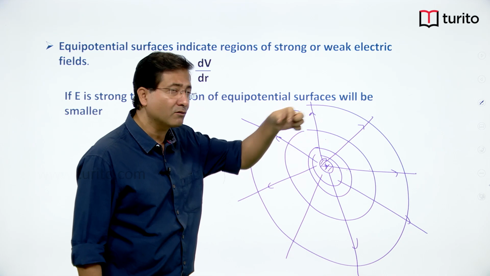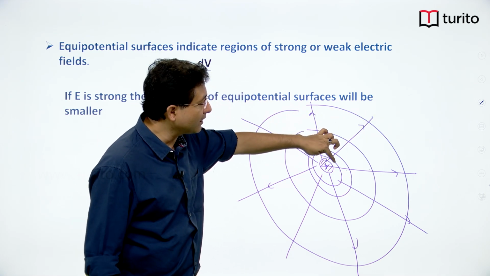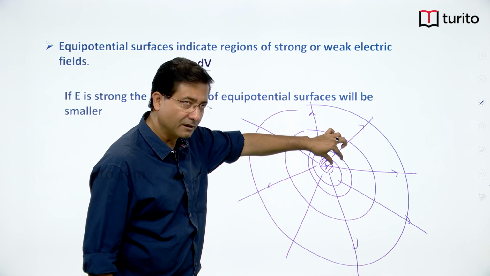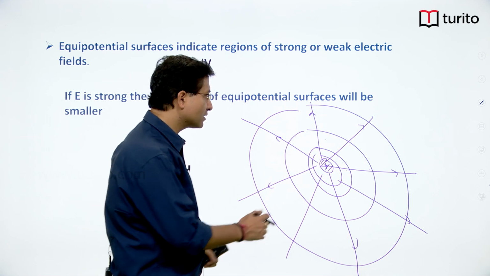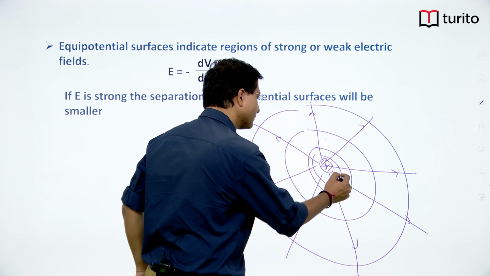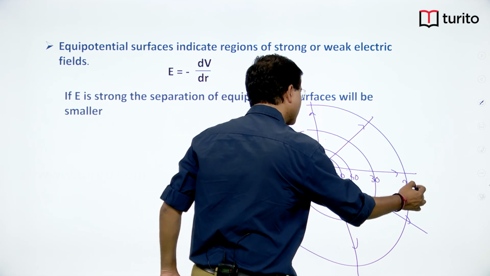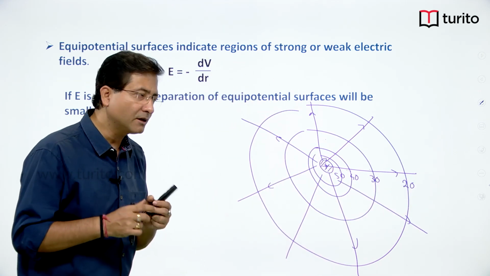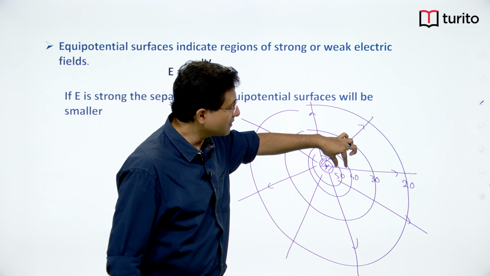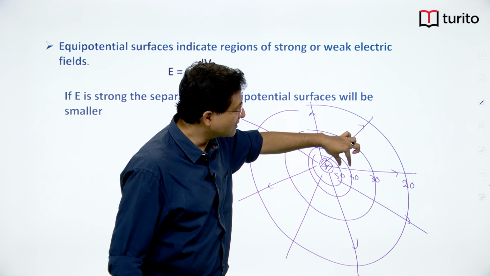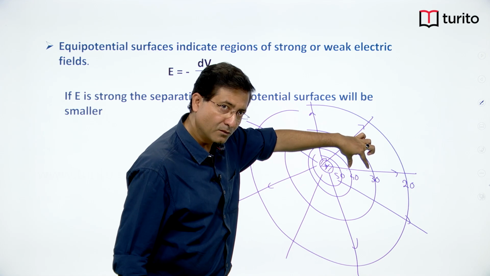So, as here the field lines are strong, the gap between two equipotential surfaces, if I am taking the same difference, for example I take 10 volt difference, so 10 volt difference, 10 volt difference, 10 volt difference. For example, if I take this as 50, this is 40, this one 30 and this one 20. So, if I take the same difference between equipotential surfaces, 10 volt, then the difference here is the same as the difference here, but the gap here is less than the gap here.